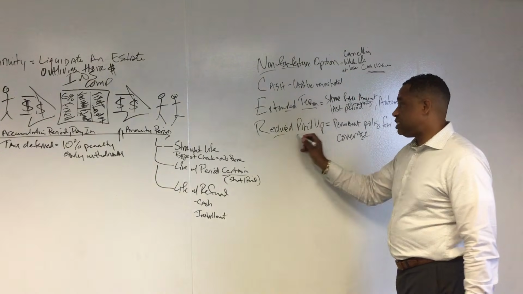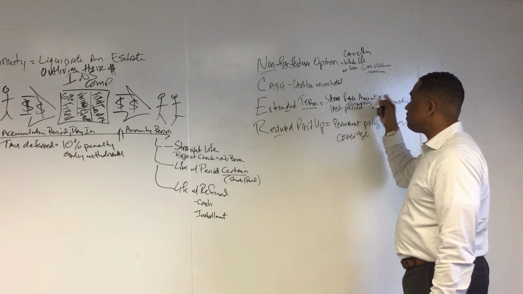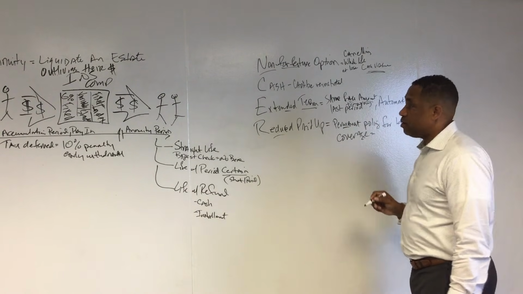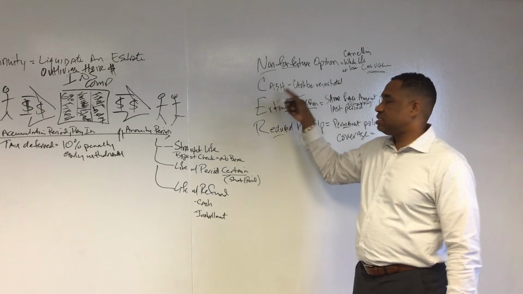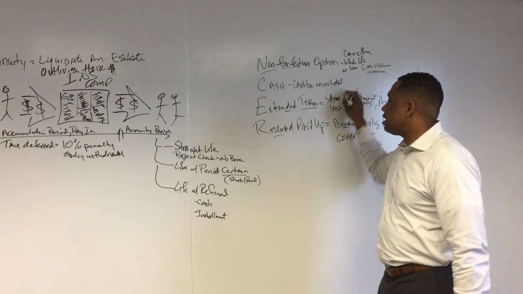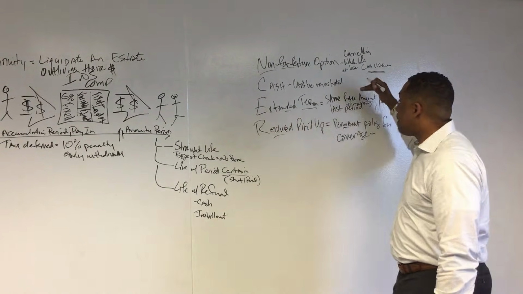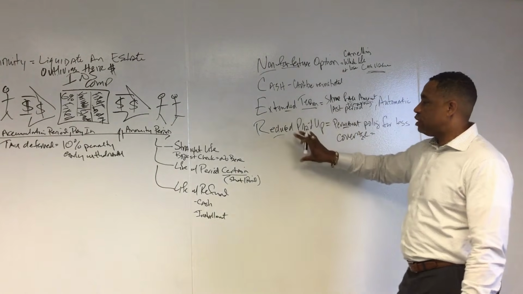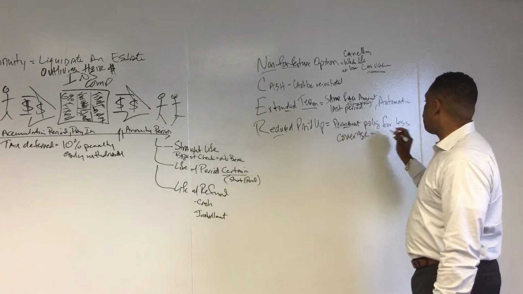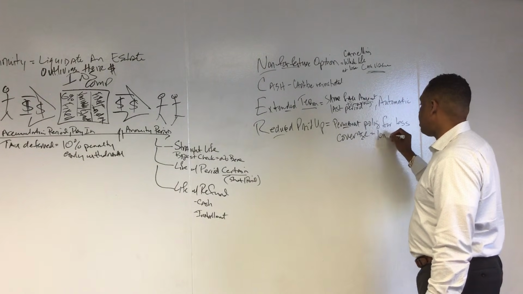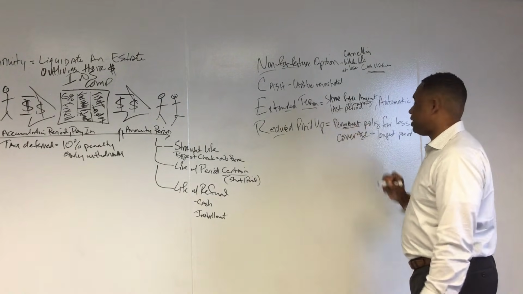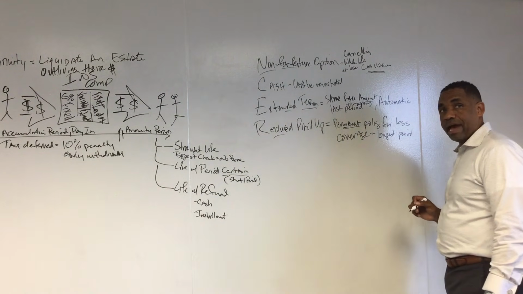So reduced means you're going to have less coverage, less face amount, but it's going to be permanent. So cash, get your money, cannot be reinstated. Extended term gives you the most coverage because it gives you the same amount you have for a temporary period. Reduced paid up gives you coverage for the longest period because it's permanent. Got it?